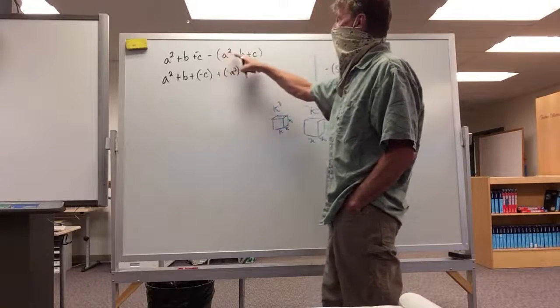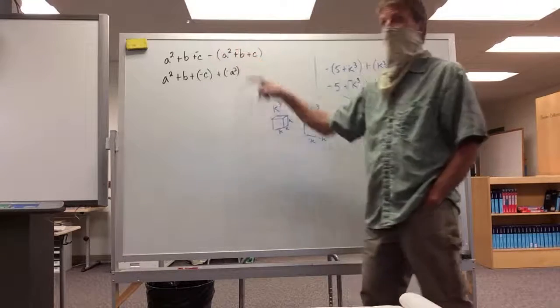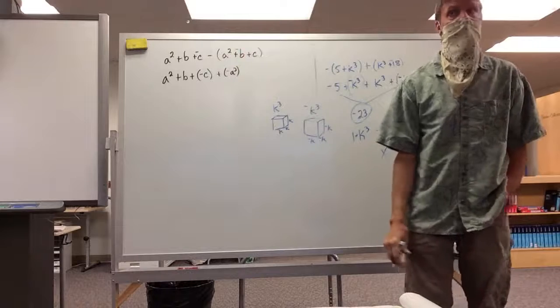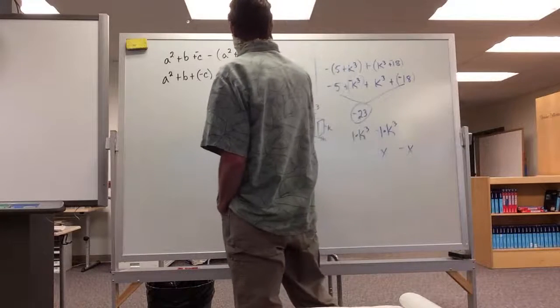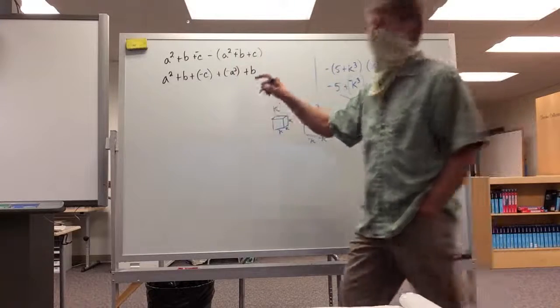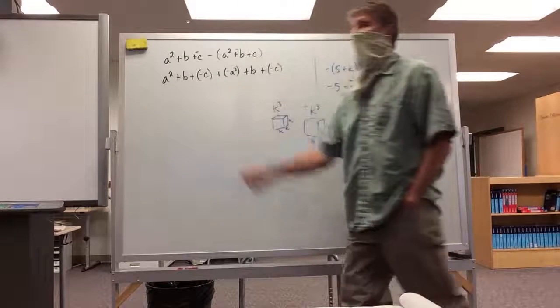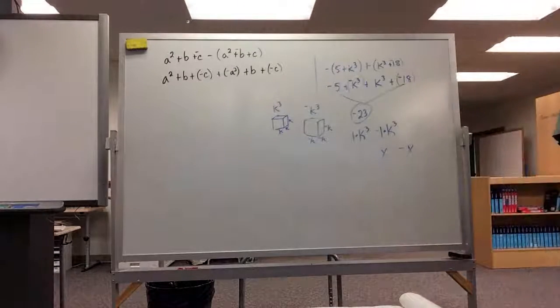Now we're subtracting, in this case, a negative b. And subtracting a negative is the same as adding b. And now we have subtracting c. So if we rewrite that as adding a negative c, now we can combine like terms pretty easily.